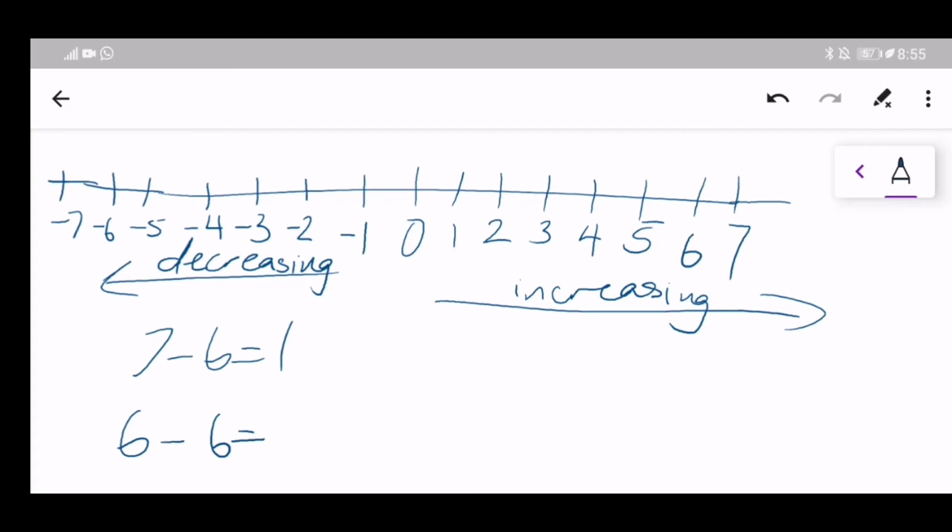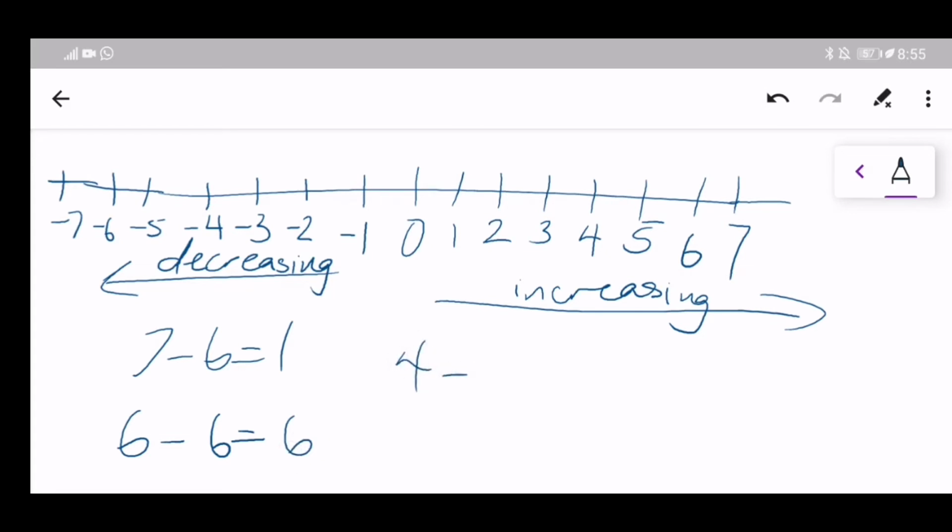We're starting from 6, and we're going this way 6 times. I think we have an idea what the answer is going to be, but let's go. 1, 2, 3, 4, 5, 6. The answer is 0.